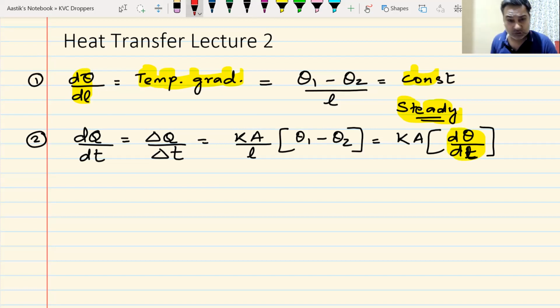Now, how do I begin today's class? I ended yesterday's class by giving you an example where we had seen that the ratio of thermal conductivity to electrical conductivity is a constant at a given temperature. Do we recollect that?